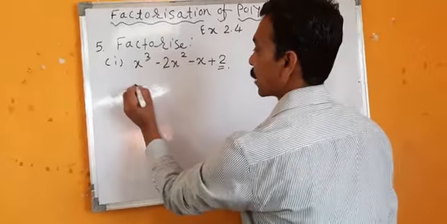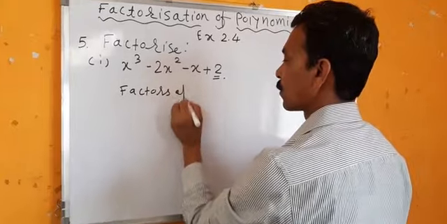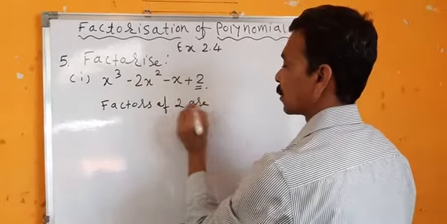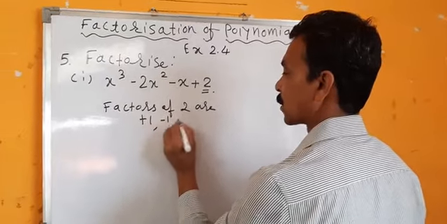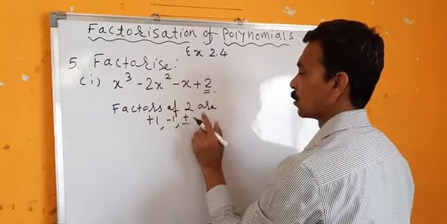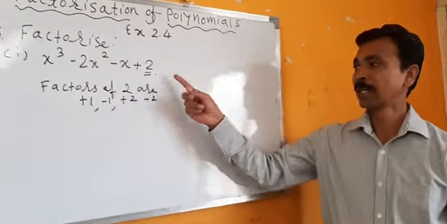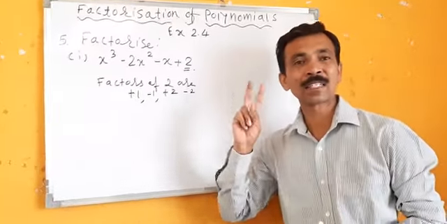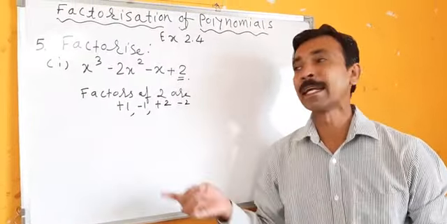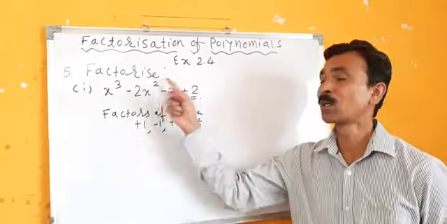I will write here. Factors of 2 are plus 1, minus 1, plus 2, minus 2. Whenever we find the factors, we have to take positive and negative, when there are 4 terms and the question is factorize.